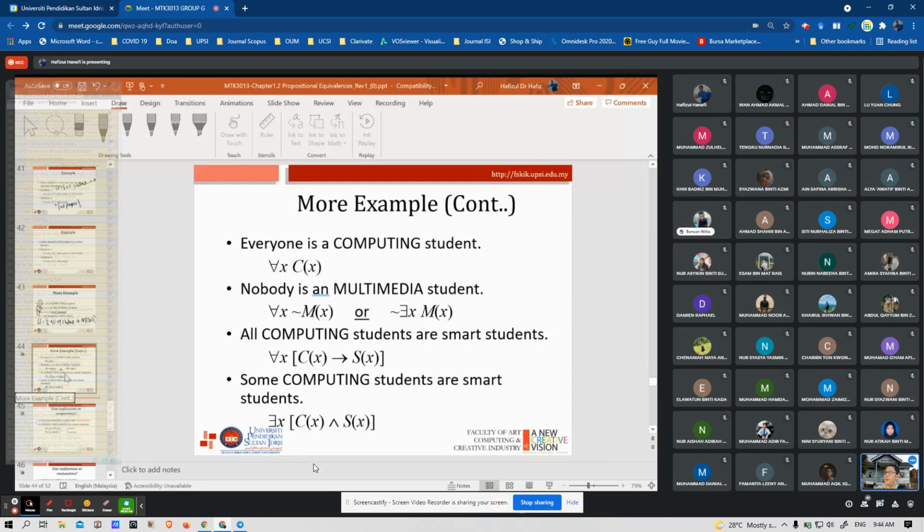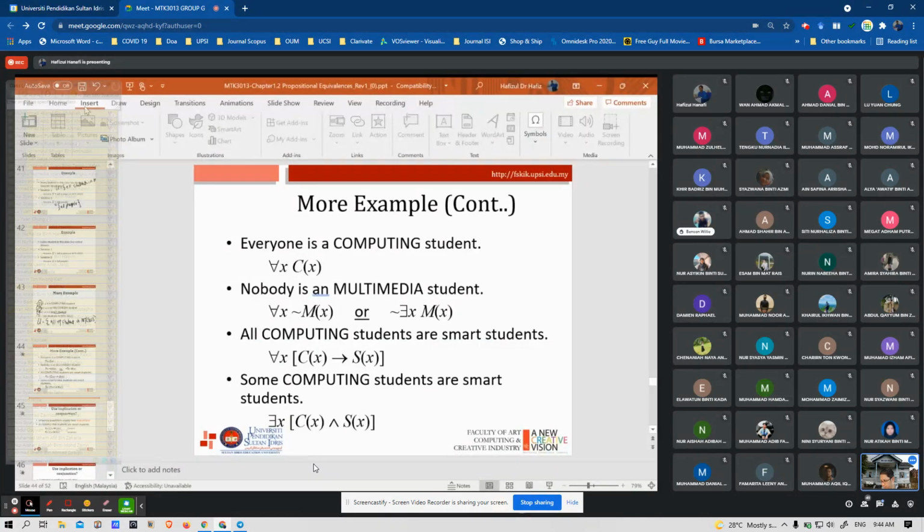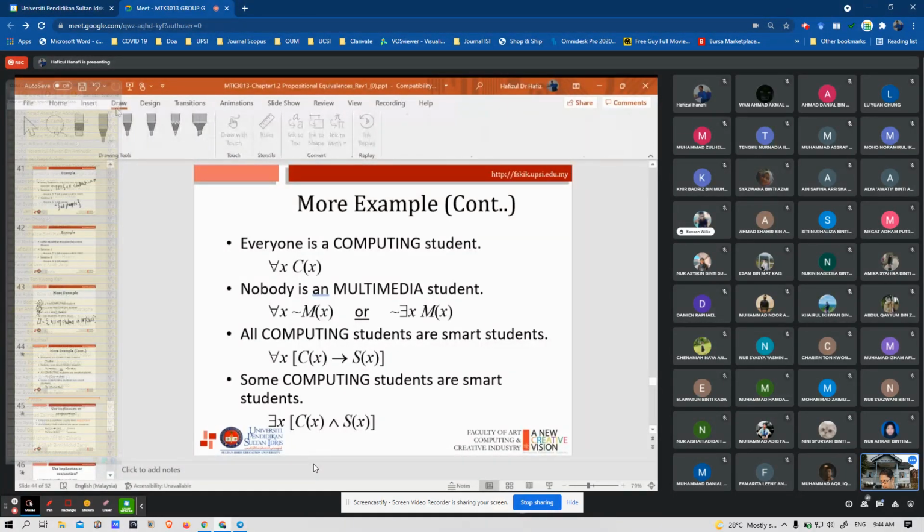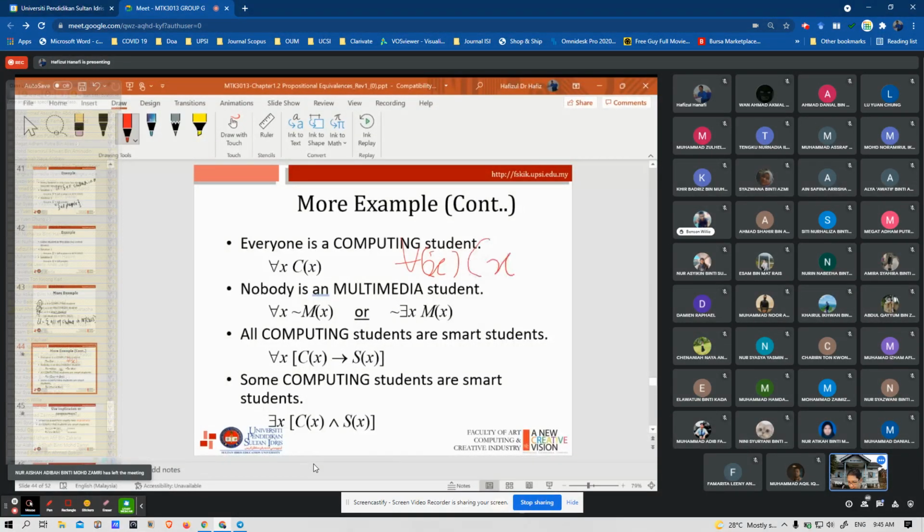When you want to have the translation, for this one, everyone is a computing student. You have for all x, Cx.